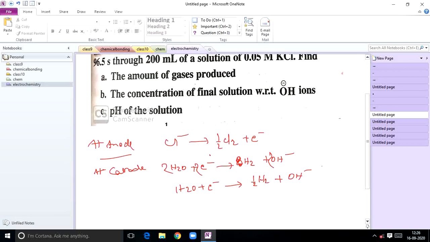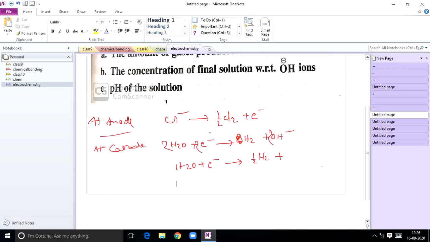So basing on these two reactions, you can get how much amount of volumes of gases are released. So quantity of electricity passed first. H2O plus electron gives rise to half H2 plus OH minus.